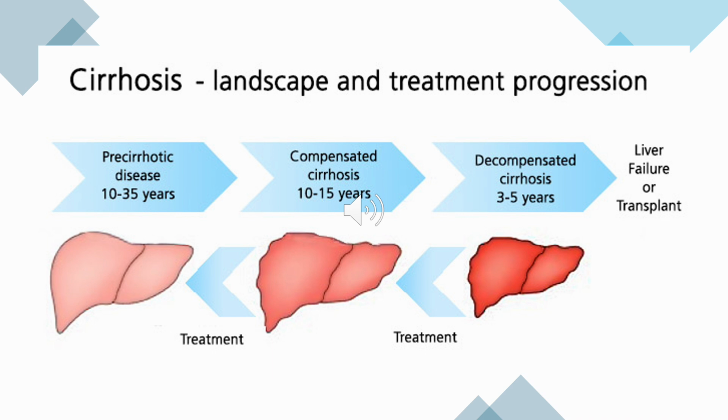It could be caused by right-sided heart failure, which often is because somebody has COPD, or cor pulmonale, which is due to COPD. What that means is right-sided heart failure. So those are some of the reasons somebody can get cirrhosis.